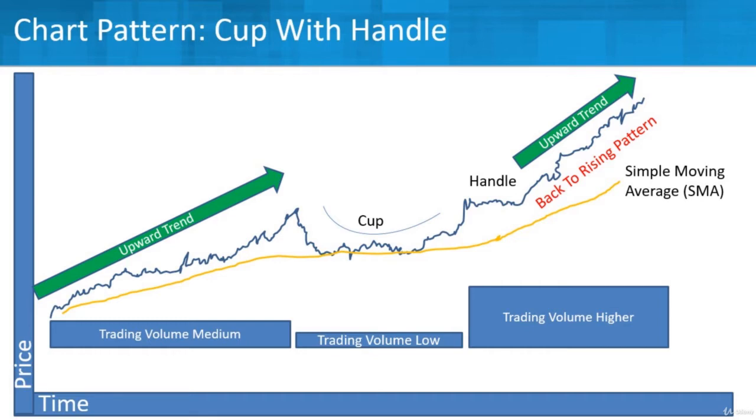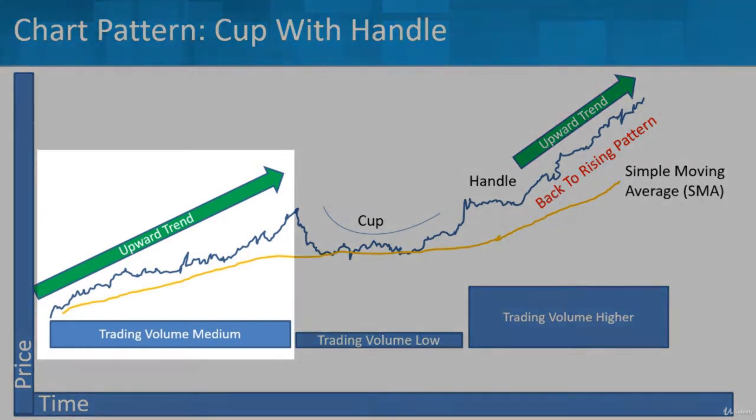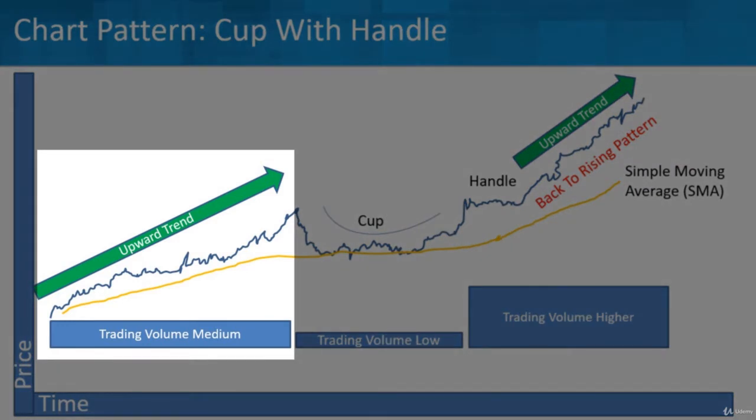First off, let's start at the very far left. We've got to have an upward trend, right? And as you can see here, the general direction, if we were to draw more specific trend lines, the slope is upward, the prices are getting higher. There's an upward trend. And then you can see the bottom of the trading volume is a medium trading volume that you'd see looking over the history of the prices for your security.